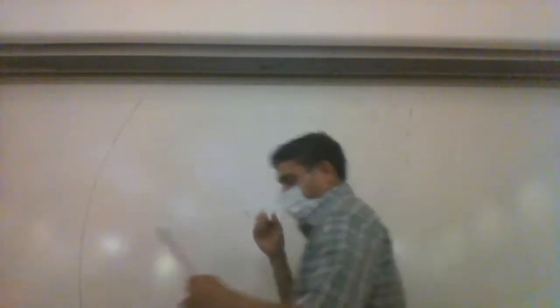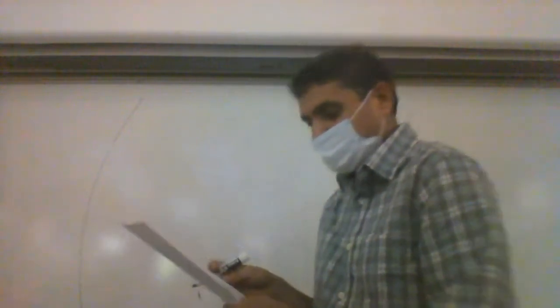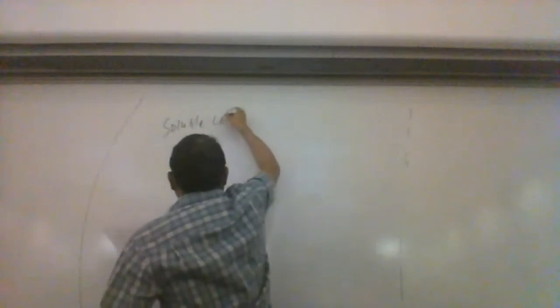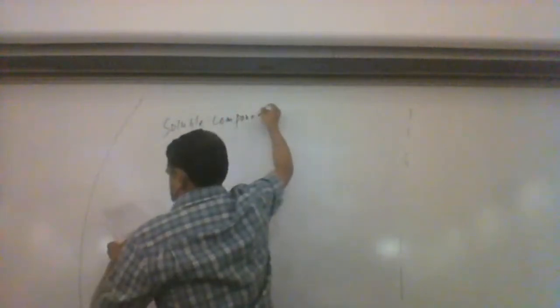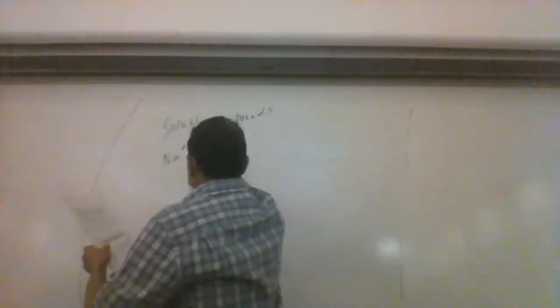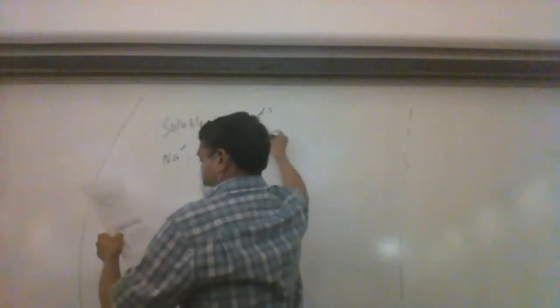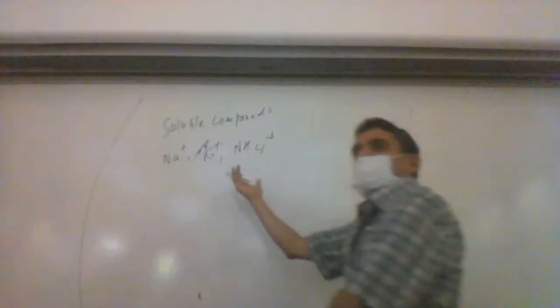So if you see slide number 11, you will see soluble compounds here: soluble compound, soluble compound, soluble compound. If you see sodium, potassium, ammonium, and something combined with them, these are the only ions.